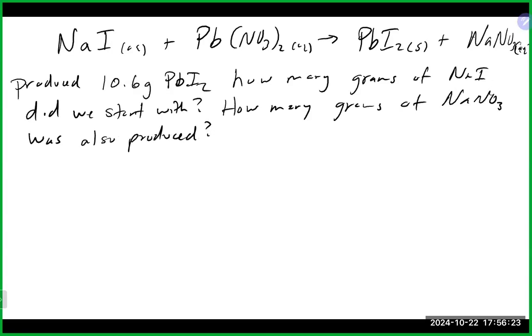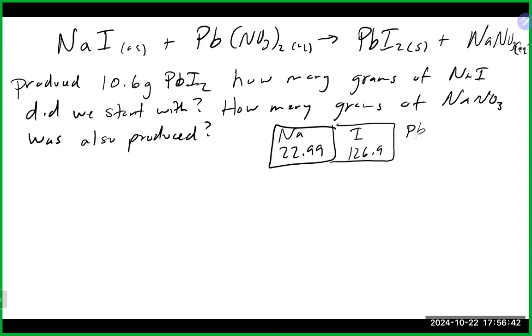All right, so take a few moments there, follow those steps. I'll give you some numbers here. Sodium is 22.99. We have iodide there, which is 126.9. Lead, 207.2.